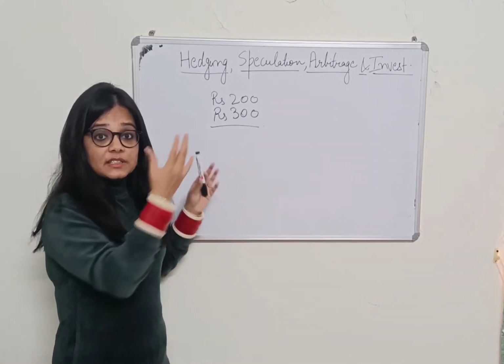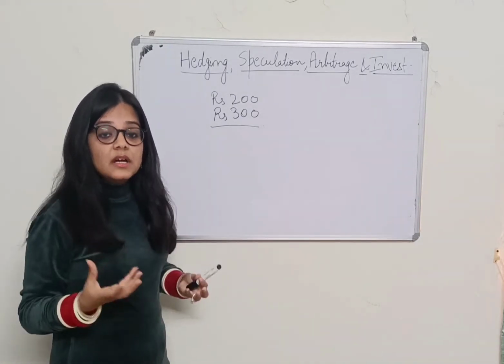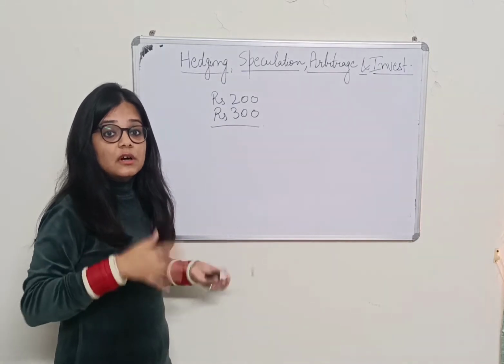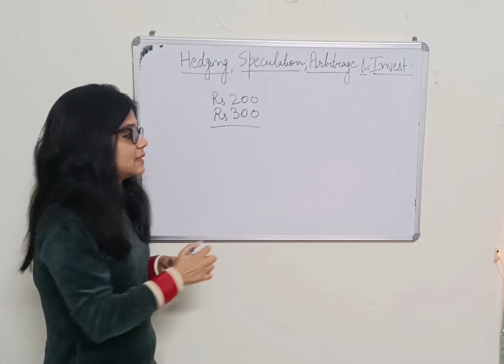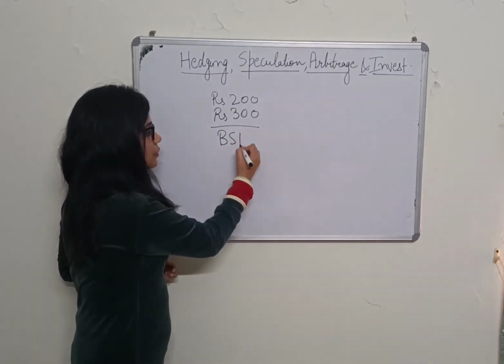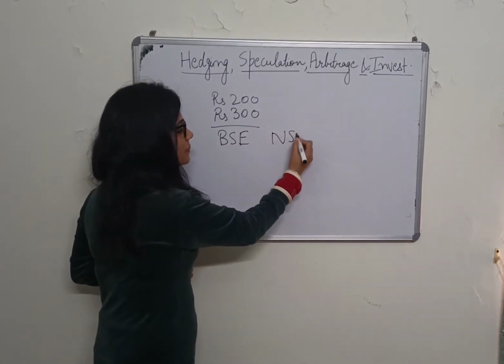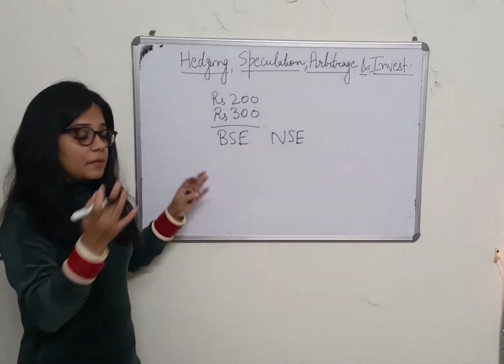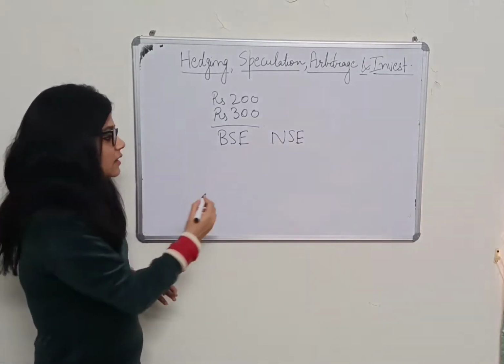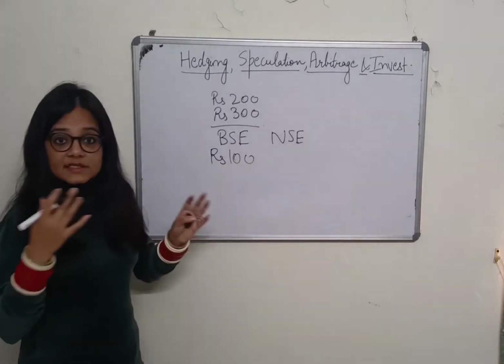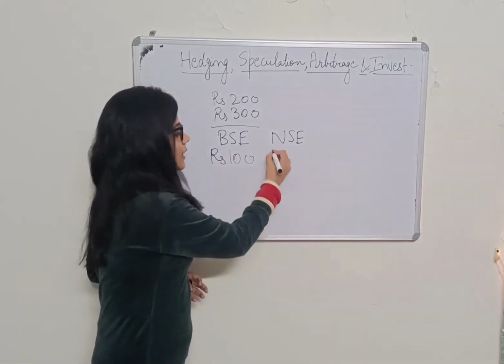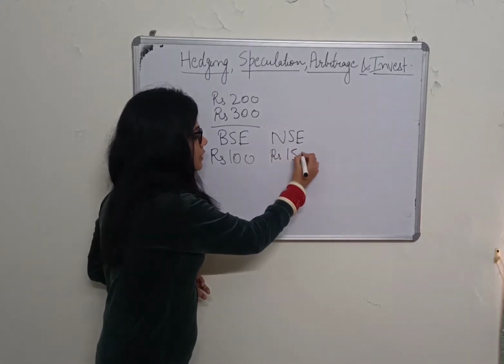An arbitrager doesn't invest a penny in the market, but takes advantage of the mispricing in the market. Say for example, you would have heard of NSE and BSE. Share price in BSE is, suppose, rupees 100, whereas in NSE that share price costs 150, right?